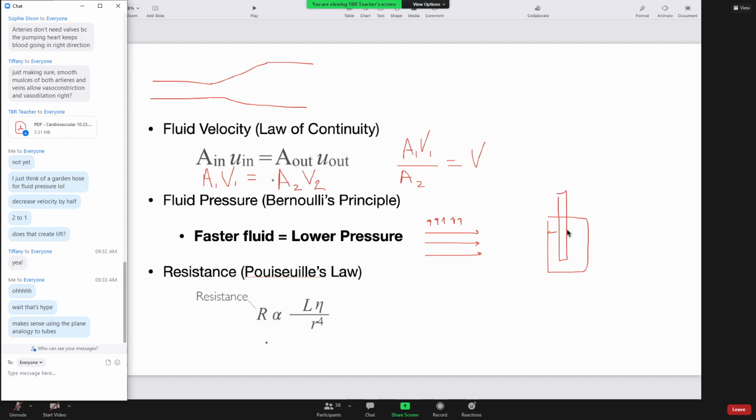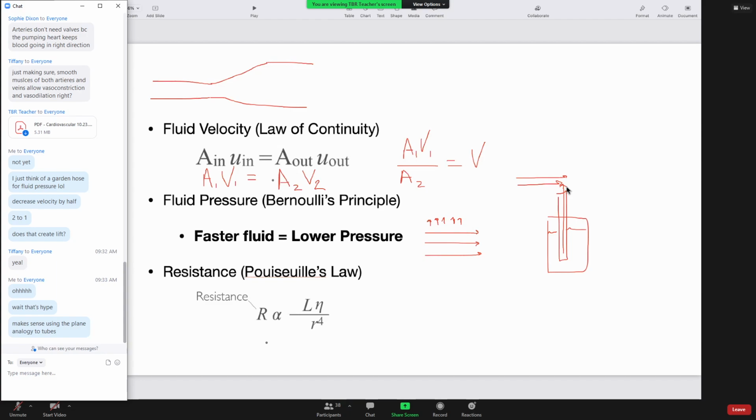He blew across the opening of the straw, and that decreased the amount of pressure pushing down into the straw. So the water naturally pushed its way up because the pressure going down into the straw was less. That was the first time I saw Bernoulli's principle.